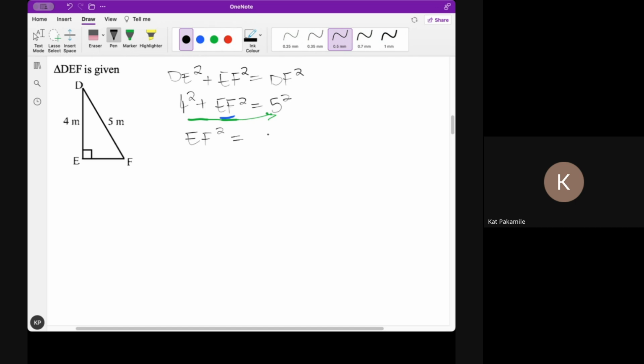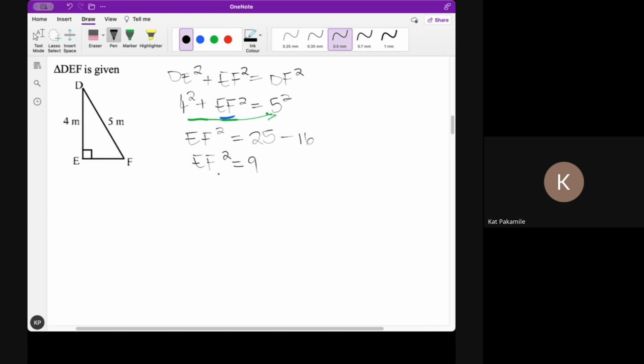Because then I'm going to end up with, what's 5 squared? 5 squared is 25 minus this 4 squared, because yes, it is your inverse operation, and 4 squared will give us 16. So then EF squared is 9, and my inverse operation for squaring, what is the inverse operation for squaring?